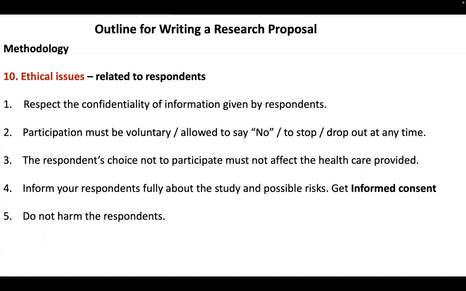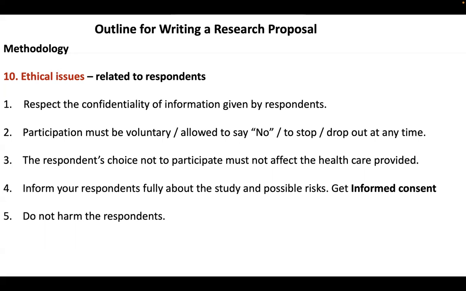Inform your respondents fully about the study and possible risks. The researcher has to collect informed consent, right? Informed consent means you have to inform them about the research. You are going to collect information about the socio-demographic factors. Then we will be collecting blood and checking for blood sugar and blood cholesterol, serum cholesterol, all these things.